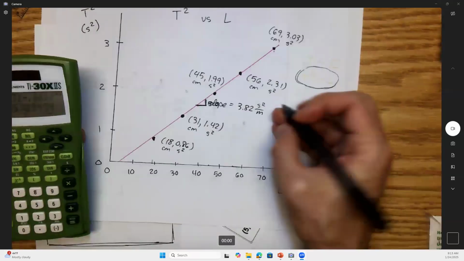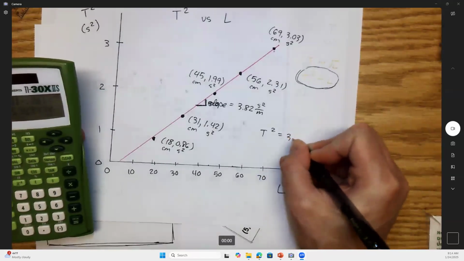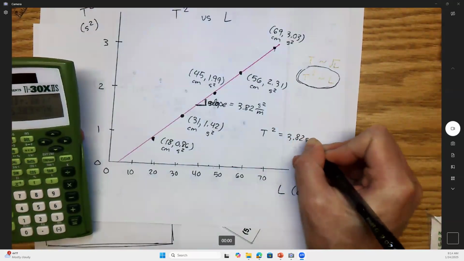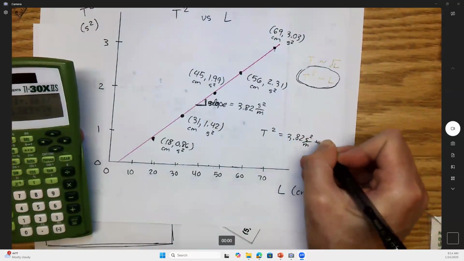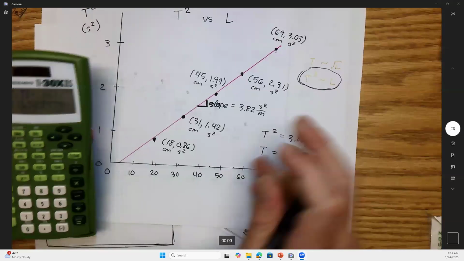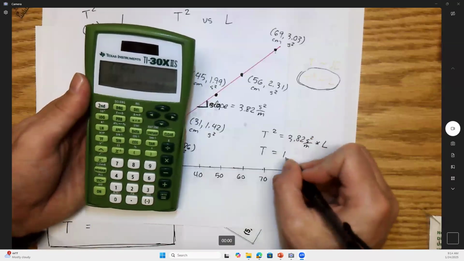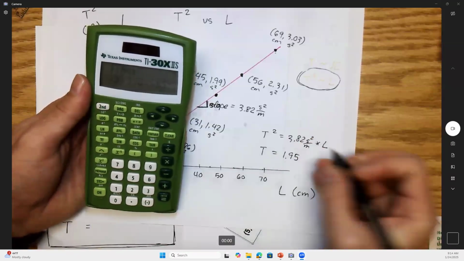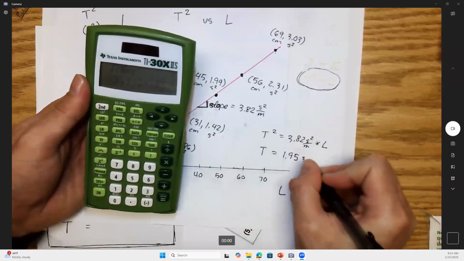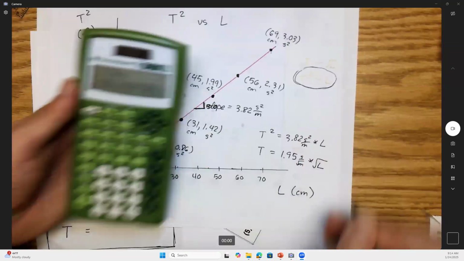So I could maybe write an equation like this. T squared equals 3.82 square seconds per meter times L. And then if I square root both sides, I get T equals the square root of that, 1.95, and then weird units, seconds per square root of meters, times the square root of L. Something like that.